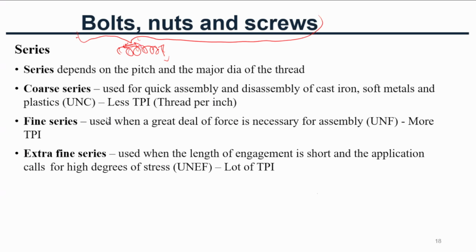Here you can see a series classification. Some of the classifications we discussed are the fine series and the coarse series. This thread series is determined by the pitch and the major diameter of the thread.